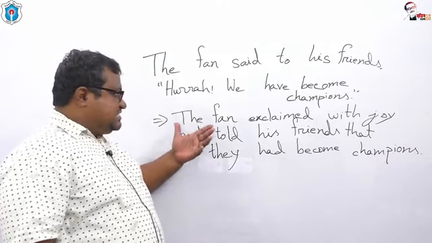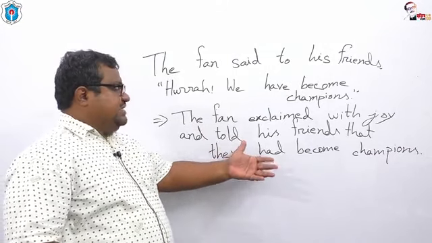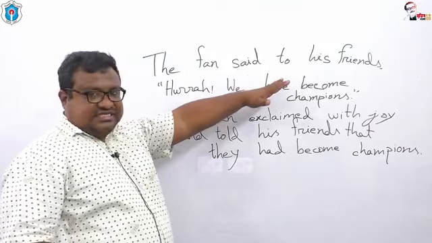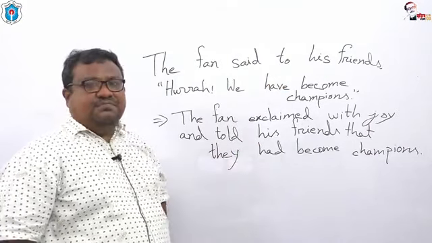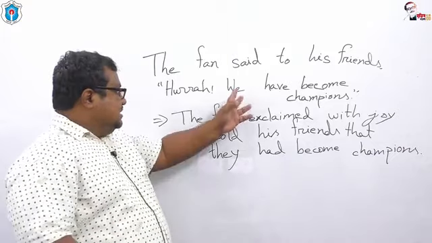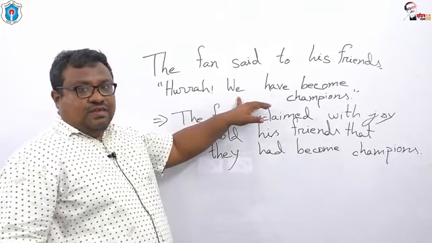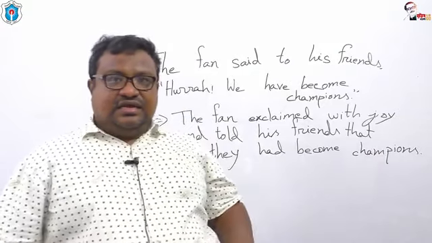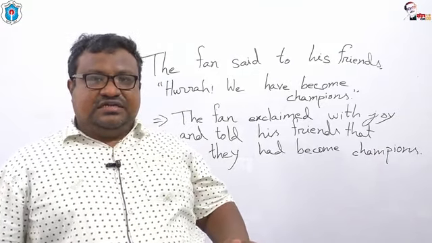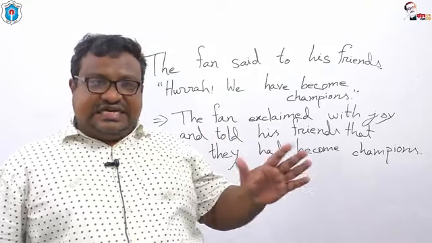The fan exclaimed with joy and told his friends, as he is addressing his friends, that they had become champions. This part will be changed as we did the transformation of the assertive sentences.